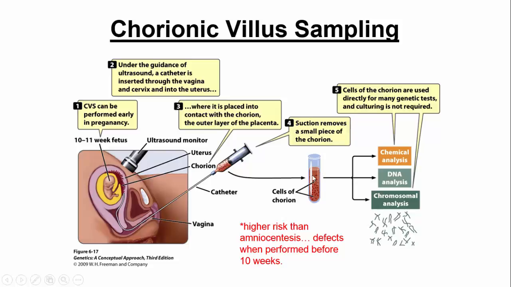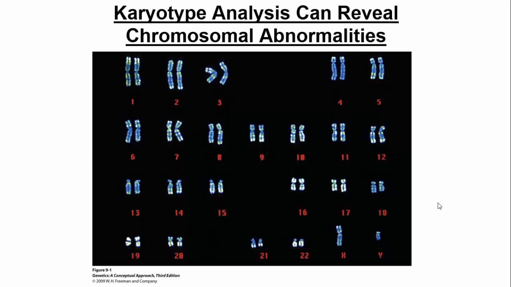Since they got such a high density, they don't have to culture the cells, and they can immediately go to these chemical tests, DNA analyses, chromosomal analyses, the same things that were mentioned on the previous slide. And they can get the same information, but much, much quicker, allowing the couple to make a more informed decision earlier in the pregnancy when the risk is lower if a couple did decide to terminate the pregnancy.